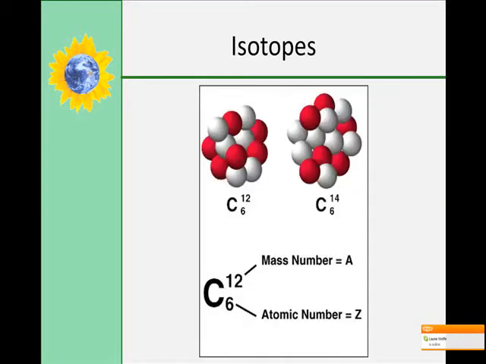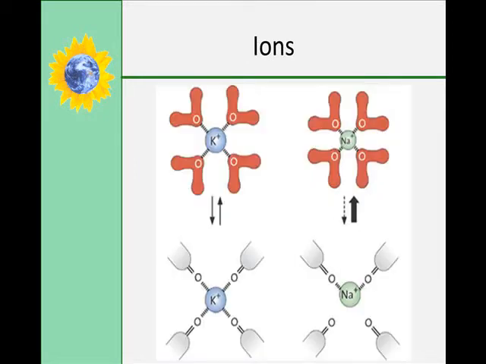Isotopes are different forms of an element. They only differ in the number of neutrons in the atom's nucleus. The number of protons remains the same. Ions are where the neutrons and protons stay the same, but the number of electrons changes. So if an atom loses electrons, it becomes a positively charged ion.